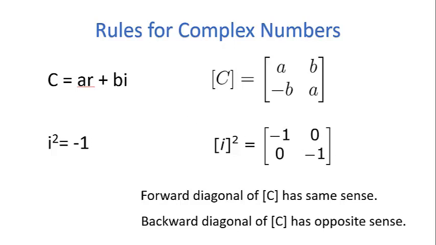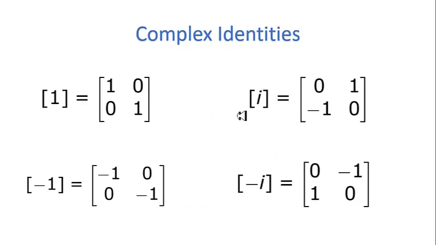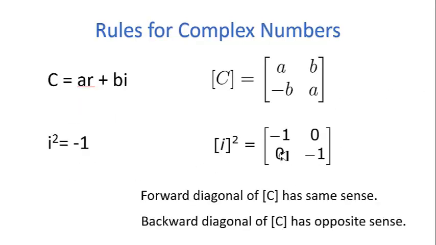So when you take this matrix here and you square it, multiply it by itself, you end up with -1s on the forward diagonal. This is one of the main rules of complex numbers: the imaginary number squared is equal to the negative identity. And of course, there is another rule, which is this rule right here.